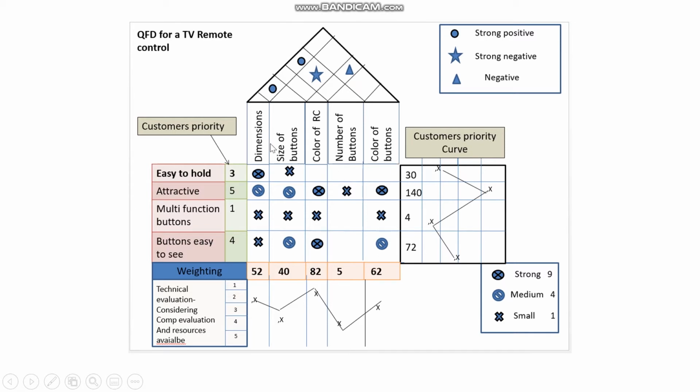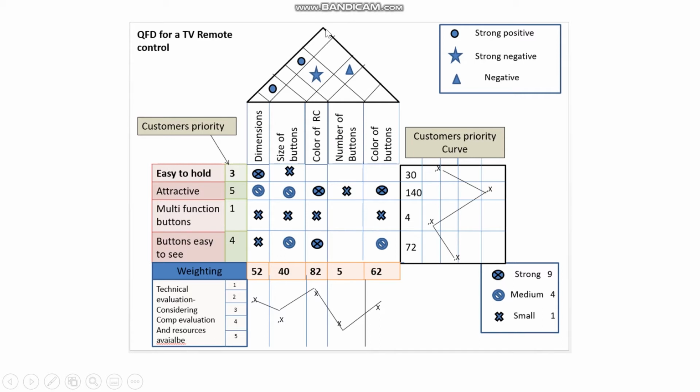So these are the technical requirements from the technical team to incorporate attractive, easy to hold, multifunction buttons, buttons easy to see. All those things require considering these technical parameters.